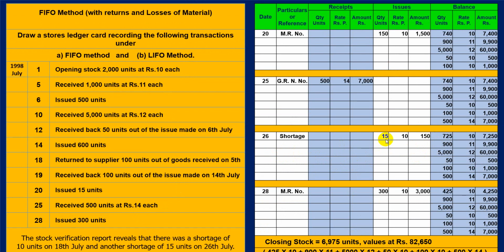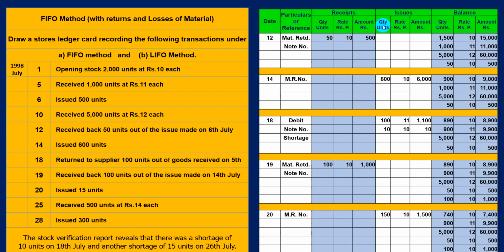Next, towards the end of the sum, the stock verification report reveals that there was a shortage of 10 units on 18th July and another shortage of 15 units on 26th July. So the sum goes on as on 18th. Since there is a shortage, we write it as debit note number, shortage.